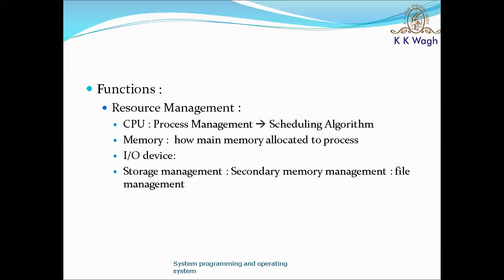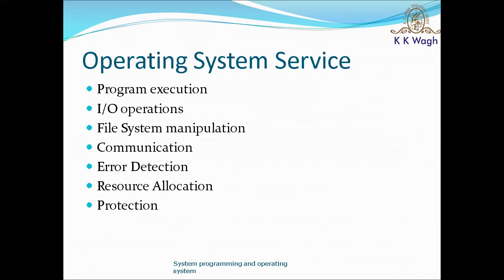Then input output devices, and after that the storage management, which is related to your main memory. Secondary memory management and file management functionality is also provided by the operating system. Let us move towards the next slide.